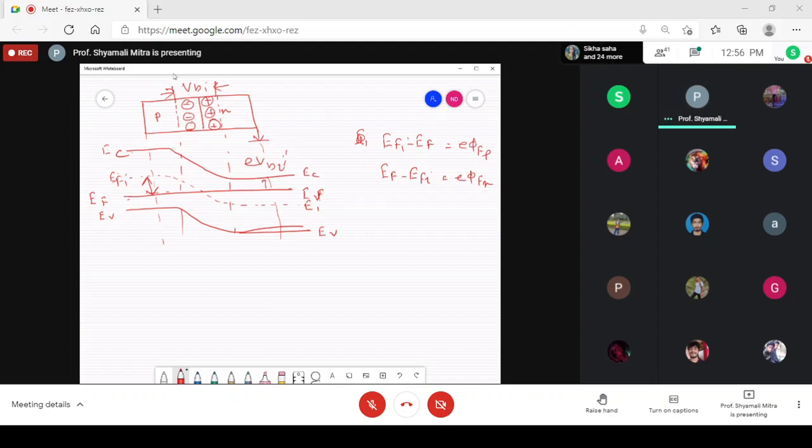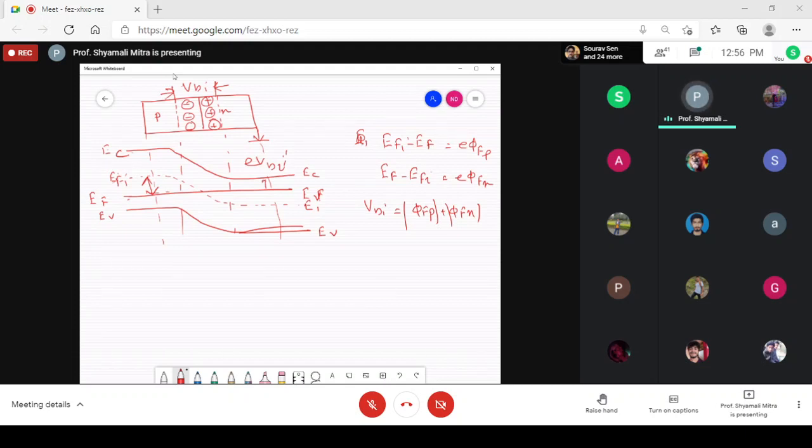So VBI, which is nothing but phi FP plus phi FN, can be calculated.